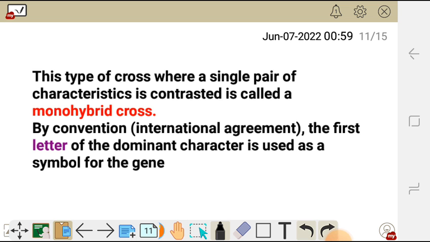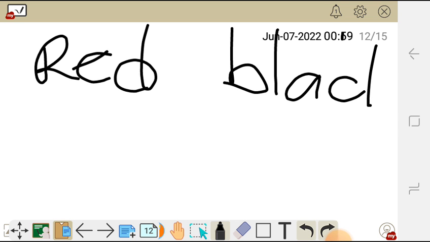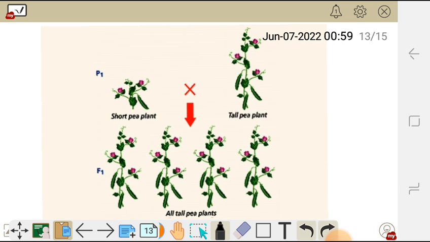When drawing these monohybrid crosses, a single letter, the first letter of the dominant character, is used as a symbol for the gene. Let's say we want to know how the gene for tallness is transferred from the parents to the offspring. For example, in the experiment of Mendel, he crossed a short plant to a tall plant.